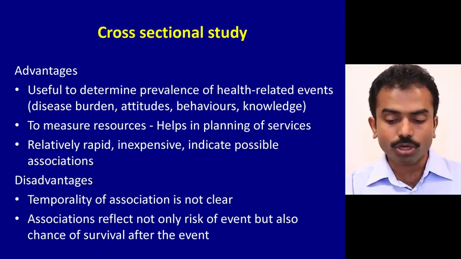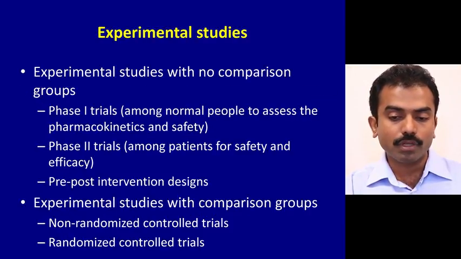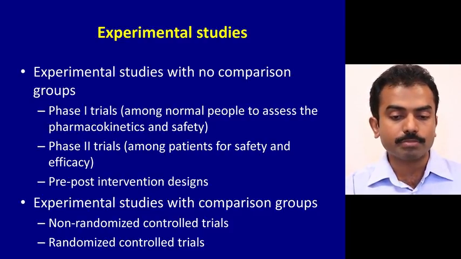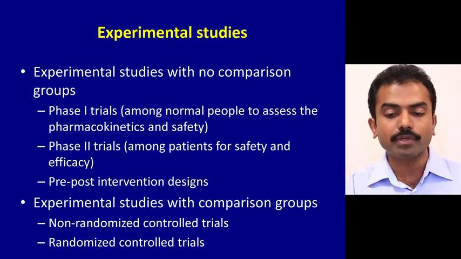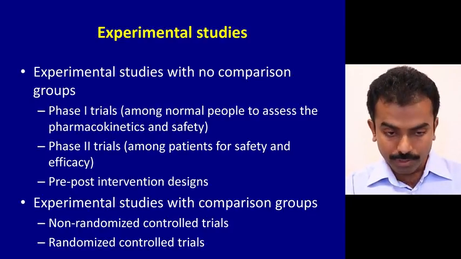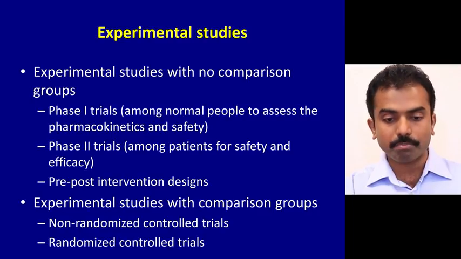So this is a short overview of observational study designs. Let's go to experimental study designs. As I told you, even in experimental study designs, you can have with comparison group, without comparison group. And the example that I gave earlier, without comparison group, are the phase 1 and the phase 2 trials.